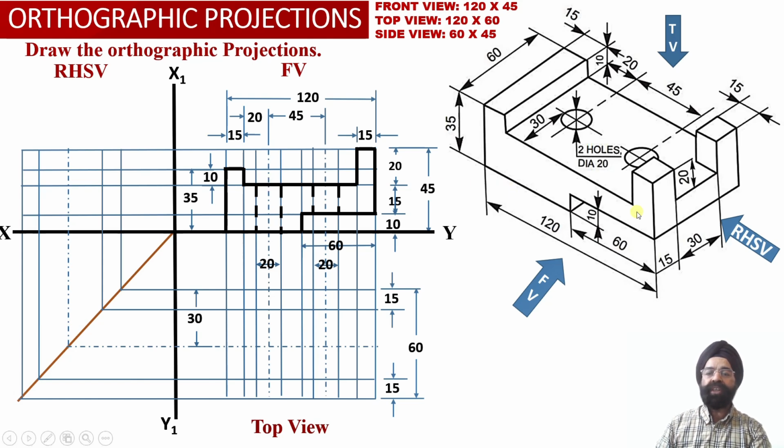And one more thing we need to observe, this horizontal portion of element number 1 is also not visible to the observer from the front side, because one of the vertical square blocks is going to obstruct the view of this portion of the horizontal element. So this portion will be visible to us as a dotted line. This dotted line we have obtained corresponds to this hidden portion, which is getting hidden by this vertical square block lying on the front side of the solid.